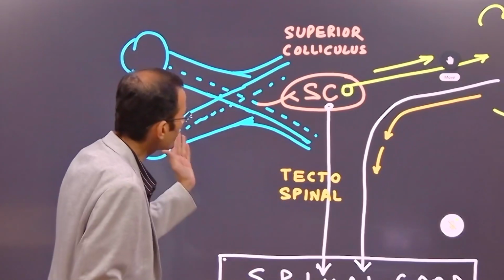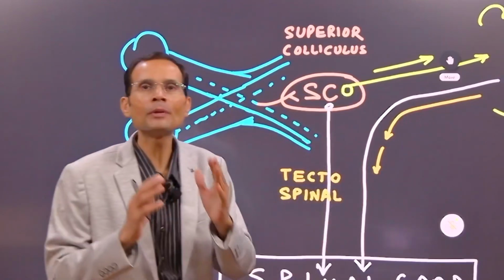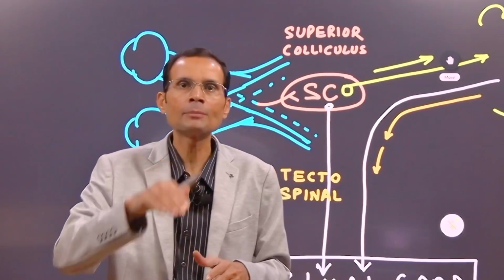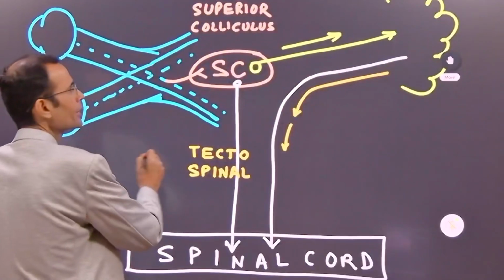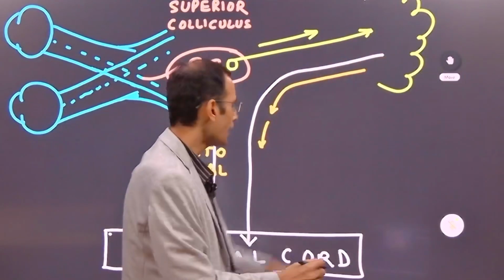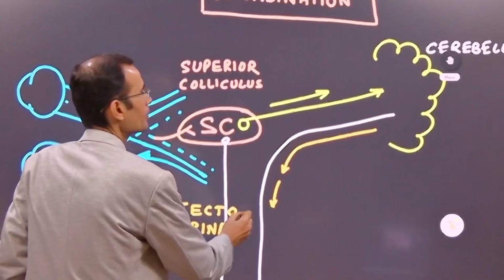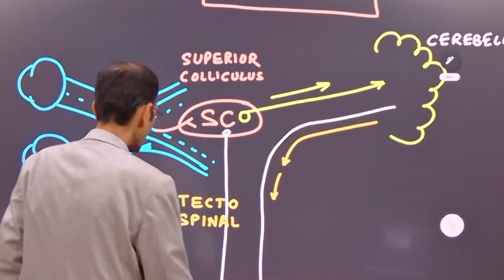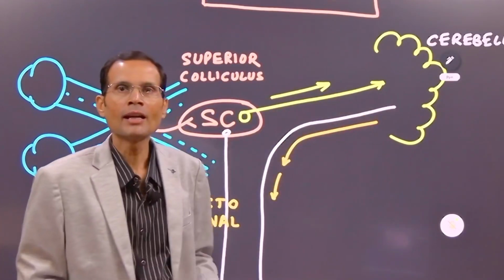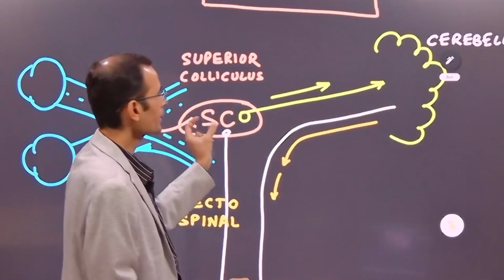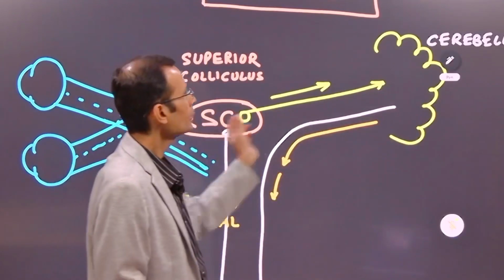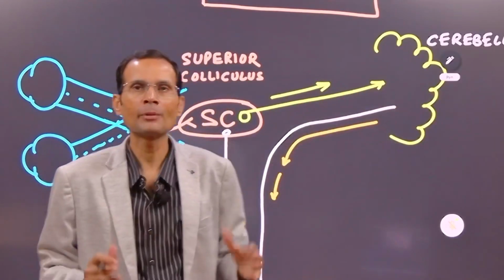So we are not concerned with that right now. The visual signals are sent into the superior colliculus, the tectum, and from there the signals are sent into the cerebellum. Finally, the signals have arrived in the cerebellum. This pathway is called the tectocerebellar tract. Tectum, that is superior colliculus, to the cerebellum, tectocerebellar tract.